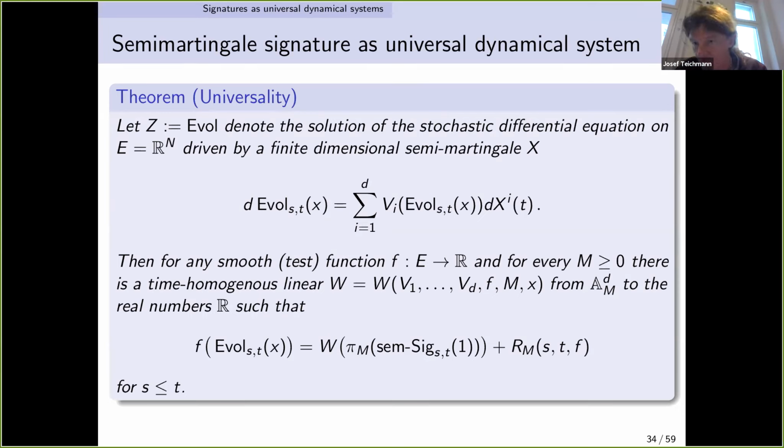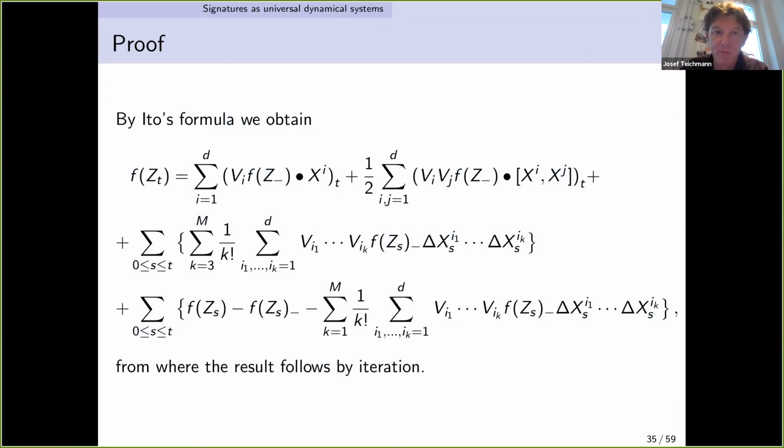Then I don't have a first order calculus, but I can write with this generic calculus, which I had before, for a smooth test function, again, a very similar formula: the application of the test function to the solution of the stochastic differential equation is a linear map applied to the semi-martingale signature truncated at M. What does it mean? For M, I have to count the orders. And the orders I have been describing before, plus a remainder term.